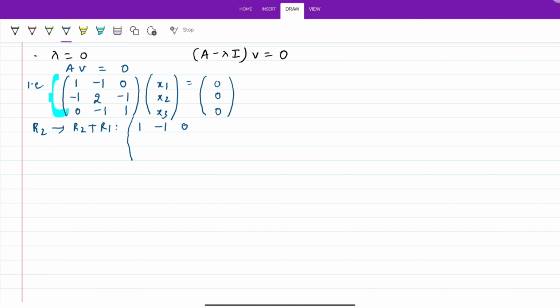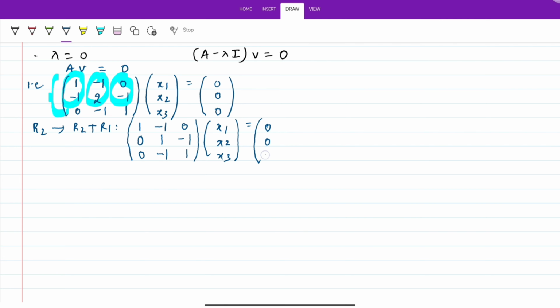The second row will become sum of this, this and this. So we have an entry 0 here, then 2 minus 1 is 1 and negative 1. Here we have 0, negative 1 and 1, followed by x1, x2, x3, and on the right we do not encounter any changes, so this is going to be 0, 0 and 0.